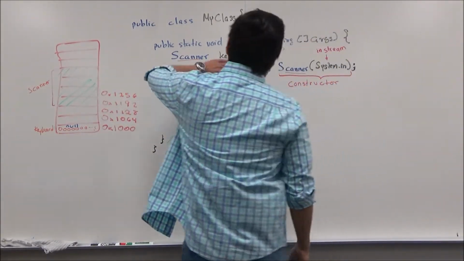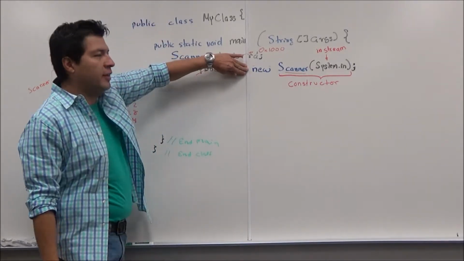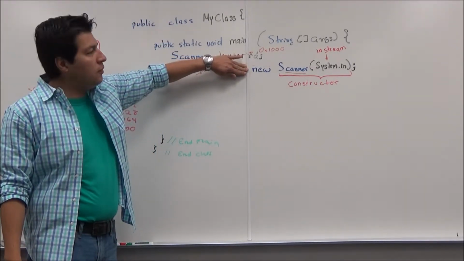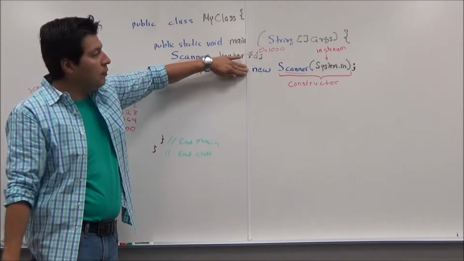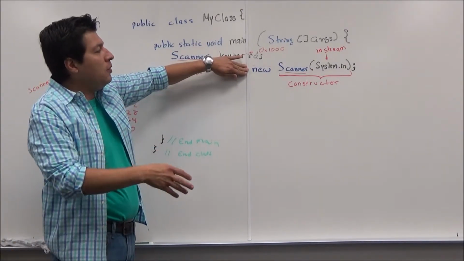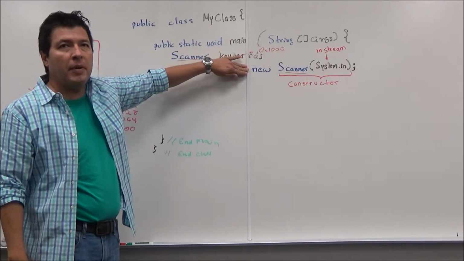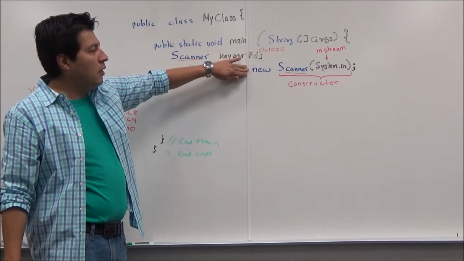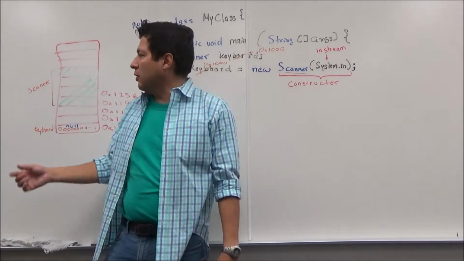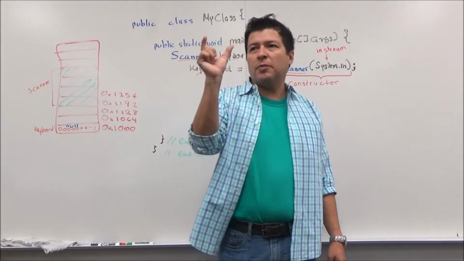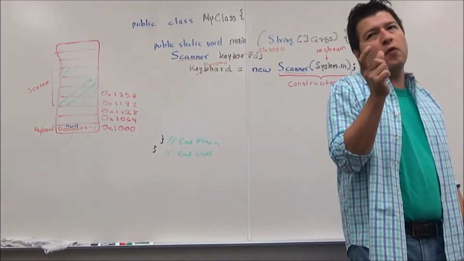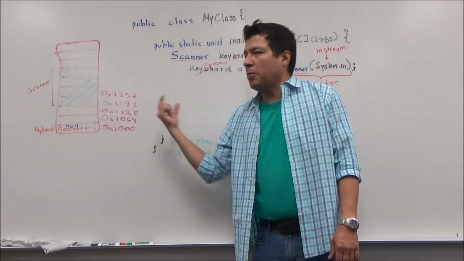So the computer sees an equal sign and goes to do everything that's on the right side. So this whole thing, new Scanner, calls the constructor, builds the scanner, and comes up with the final result, which is the address where it built it. Right? So it just comes up with a 64-bit number. It's the address.